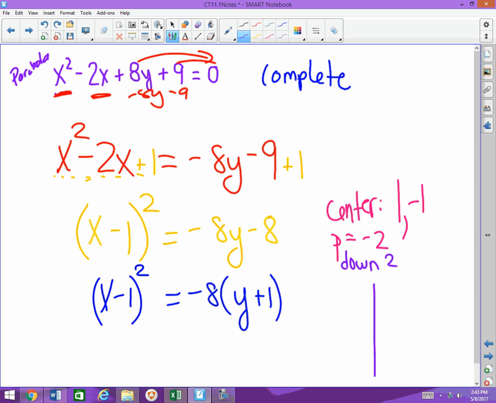So here's our graph. 1, negative 1 is our coordinate, and then down 2 from there is our focus, and up 2 from there, which is y equals 1, is our directrix. And since this is 4 away, if you count back 1, 2, 3, 4, then our parabola is going to go like so.